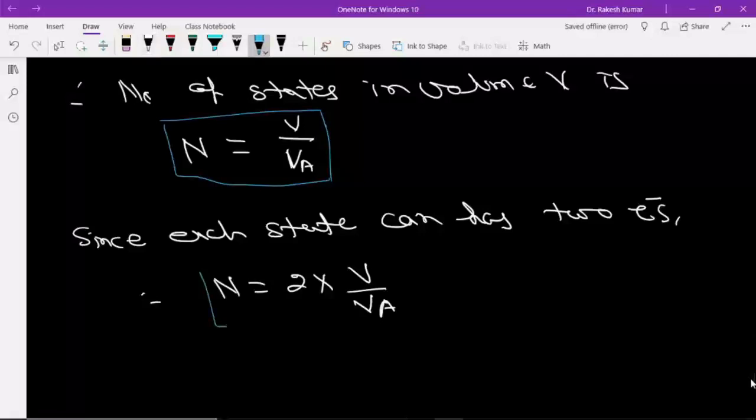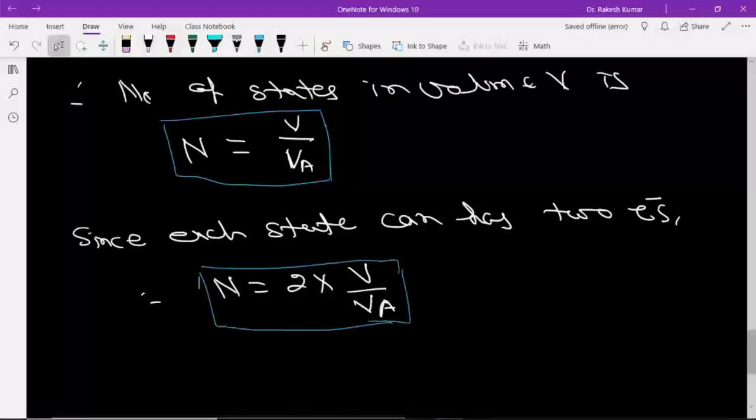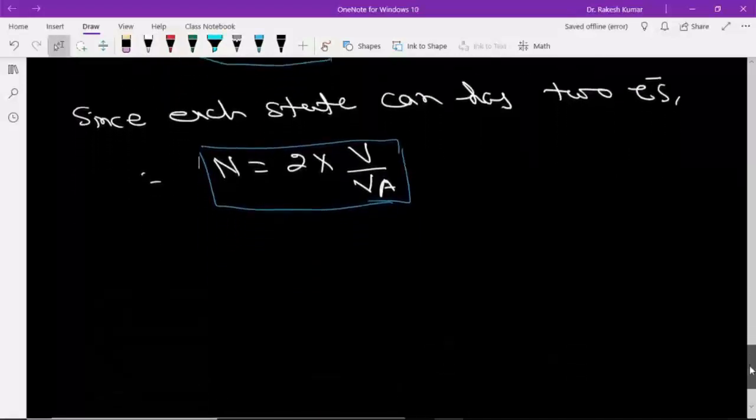So this is the actual number of density states, because every state can have 2 electrons with opposite spins by using Pauli exclusion principle.